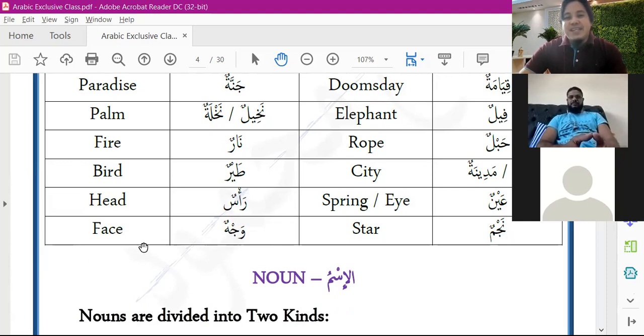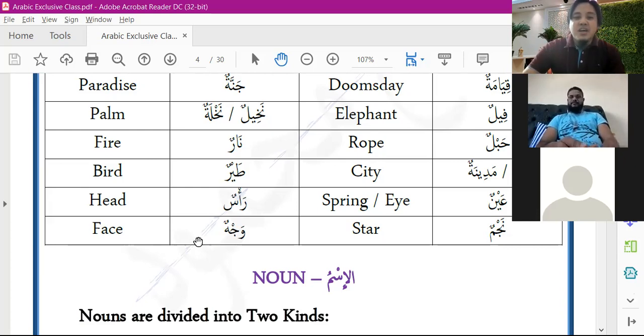Wajhun, face. This is our face that we call wajhun. In the Quran, Allah subhanahu wa ta'ala mentioned in many places the word wajh, and especially the plural of it, wujuhun. Some of the ayat say wujuhun yawma idhin na'imah, joyful faces.